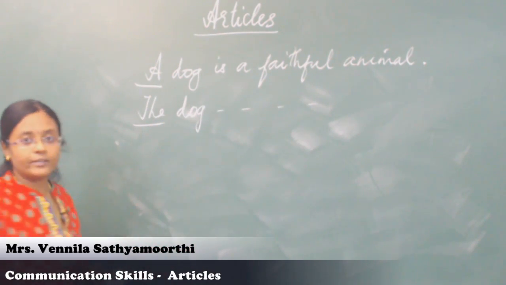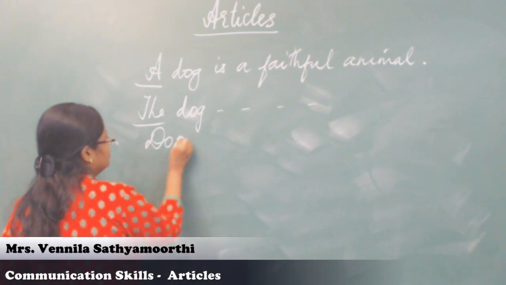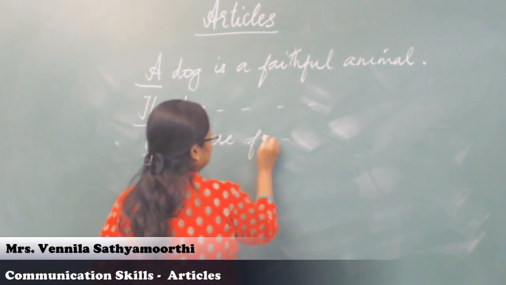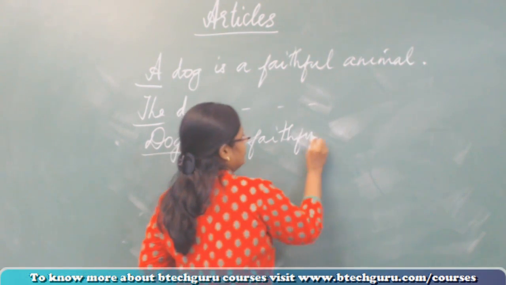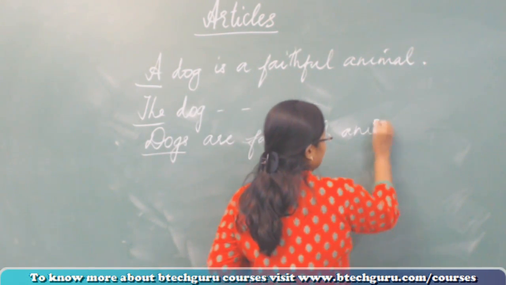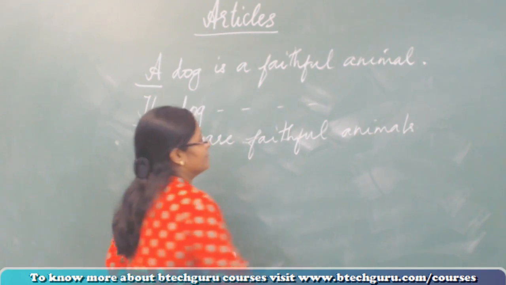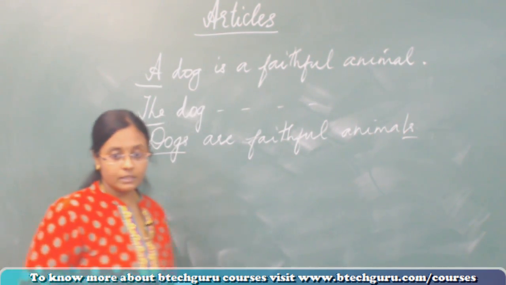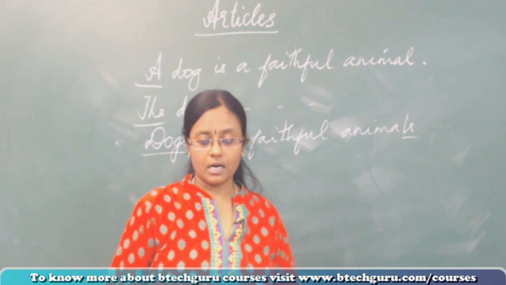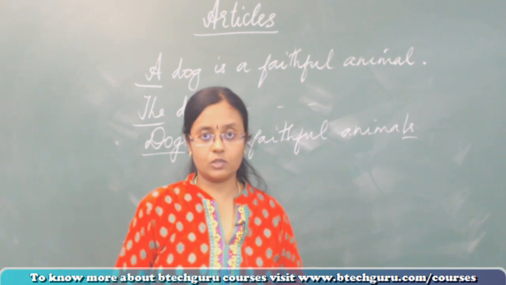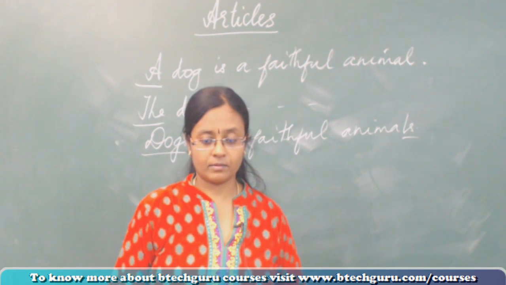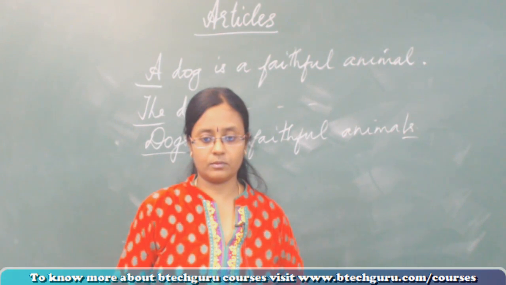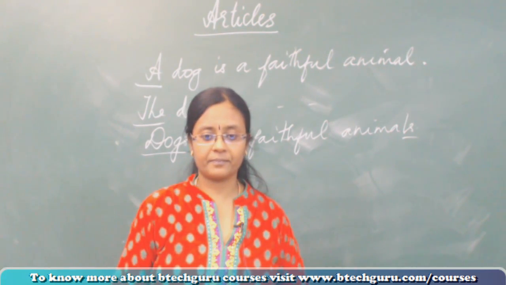Same, the dog is a faithful animal, or dogs are faithful animals, plural. So all the three mean the same here. Similarly, all the boys are asked to write the test, or all boys are asked to come in uniform. All boys are asked to attend the test. Both mean the same.